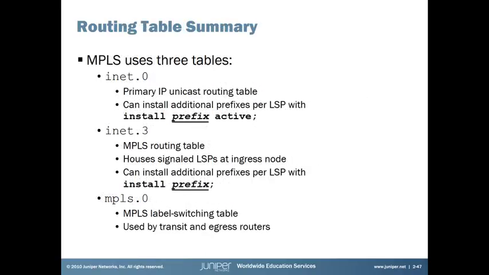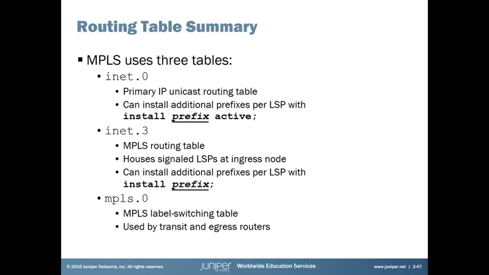Okay, so the routing table summary, we've got INET.0, which is the usual primary unicast routing table. We can install additional prefixes per LSP if we need to. INET.3 is the MPLS routing table. It houses signaled LSPs at the ingress node and can install additional prefixes per LSP.